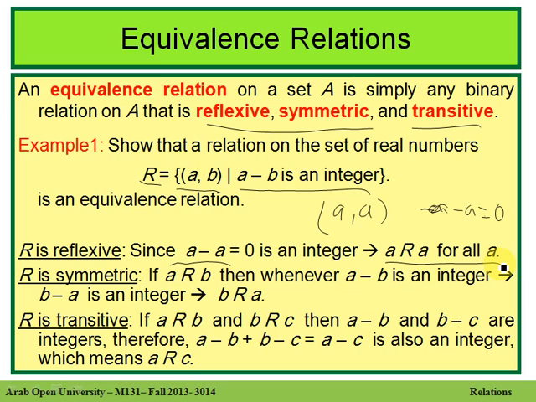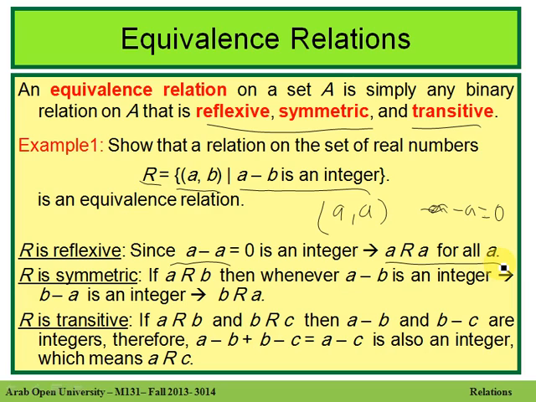Clear? Moving ahead to the symmetric. What is symmetric? If there is (a, b), then there should be (b, a). So if a minus b is an integer, then b minus a should also be an integer, like 3 minus 2 and 2 minus 3.